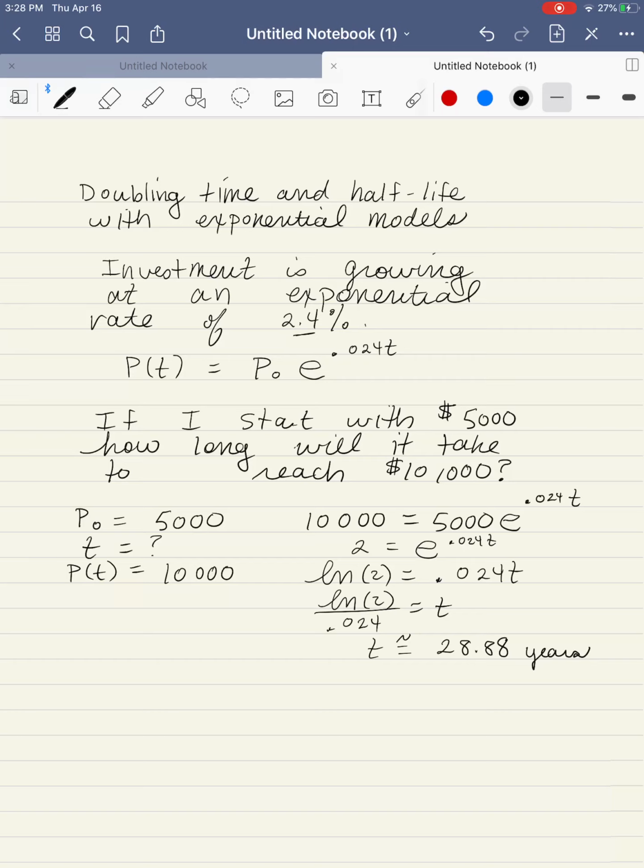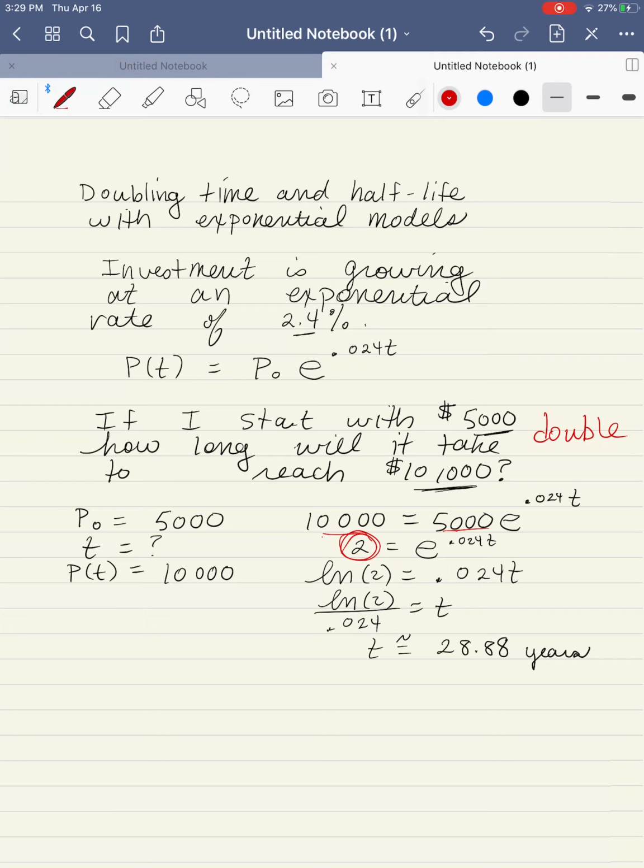So it would take 28.88 years to double my money at that interest rate. Now, I started with 5,000 and I ended up with 10,000. So what I did here was I doubled my money.